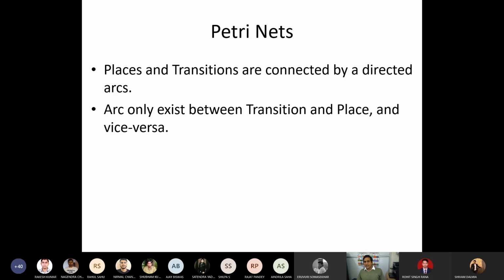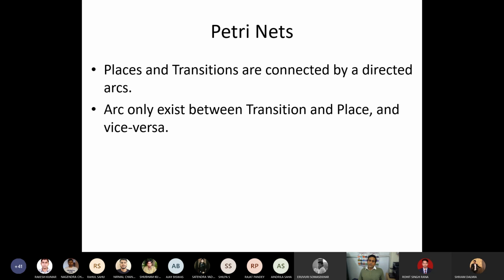Places and transitions are connected by directed arcs. Places are nodes, and transitions are also nodes. Place and transition are connected by directed arcs.